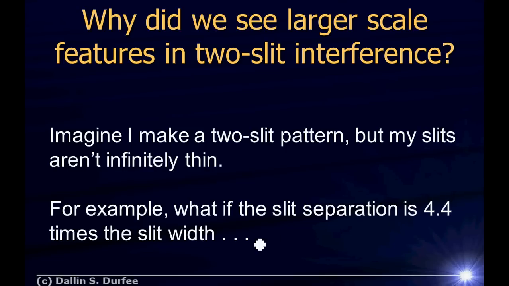What's going to happen? Well, here is a calculation I did of what a single slit will make. And here's a calculation of what you would get if you had these two slits but they were infinitely thin. An infinitely thin slit scatters light in all directions. If we look at a single slit interference pattern in the limit as the slit goes to 0 thickness, it spreads equally in all directions.